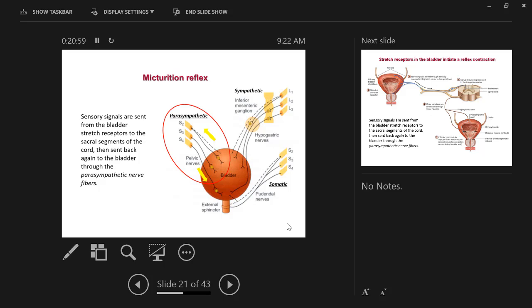That's frequently asked content on the exam, which means that a stretch receptor on the surface of the bladder senses the stretch, and the signal goes to the spinal cord through the parasympathetic nervous system, and then the signal comes back. So that's a reflex.